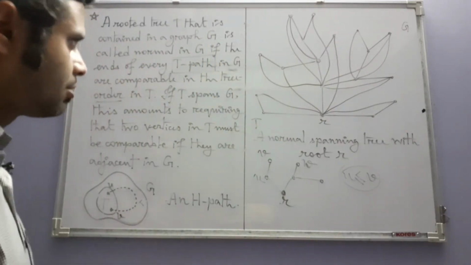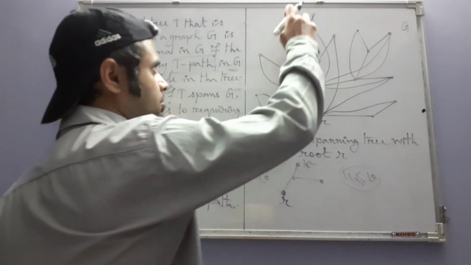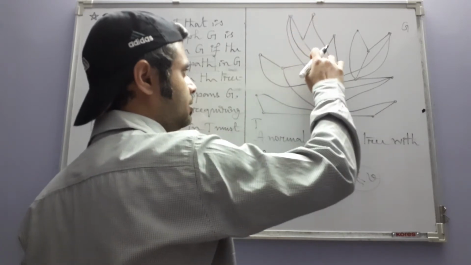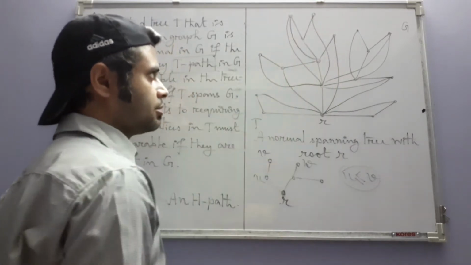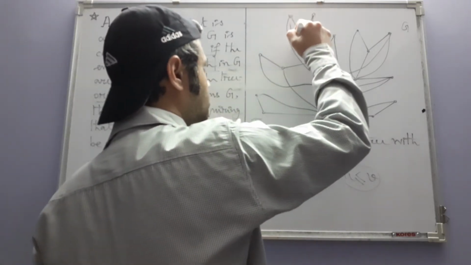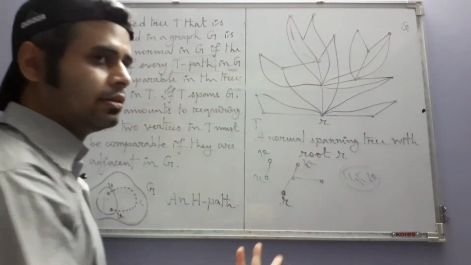So according to our definition of a T path, we can already see that there is a path in the tree T between these two vertices, but that is not a T path. This edge forms a T path along with, of course, the ends.